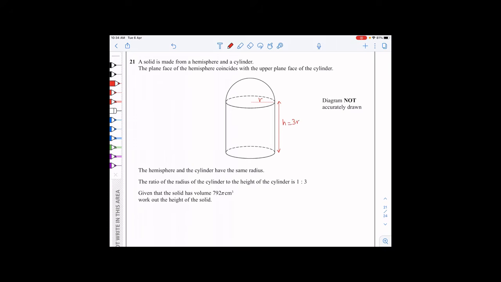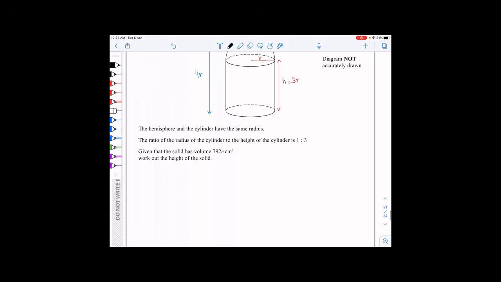The volume of the solid in total is 792 pi, and we need to work out the height of the solid. So we need to work out all of this, which is just 4R, because we've got 3R up to here, and then another radius over here. A total of 4R is the height we are after.